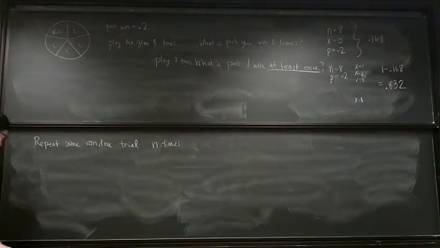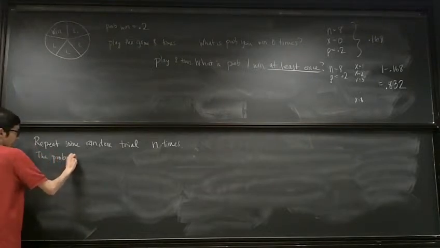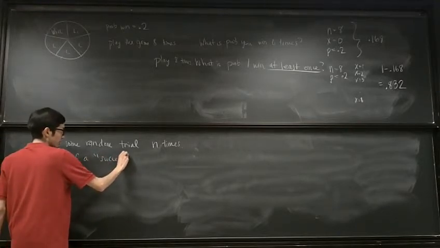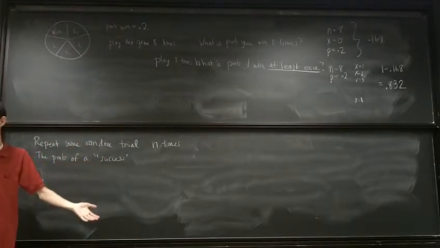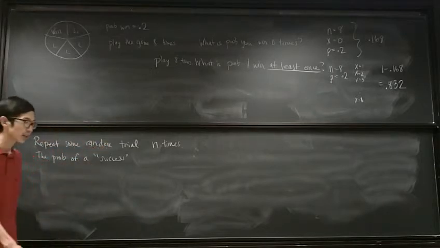How do we know it's binomial? You're going to repeat some trial n times. And the probability of a quote-unquote success, whether that is the coin lands heads, or you win the game, or the person is left-handed, is an arbitrary label.